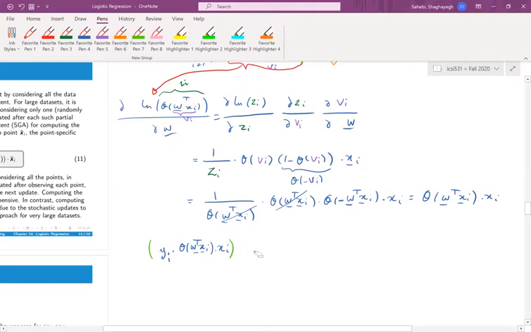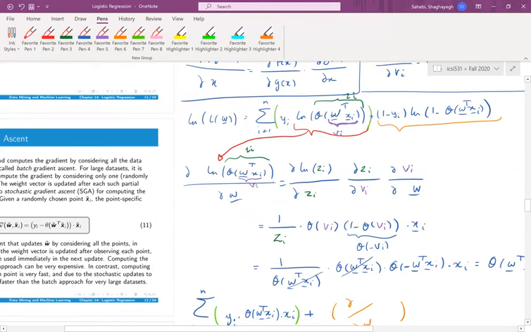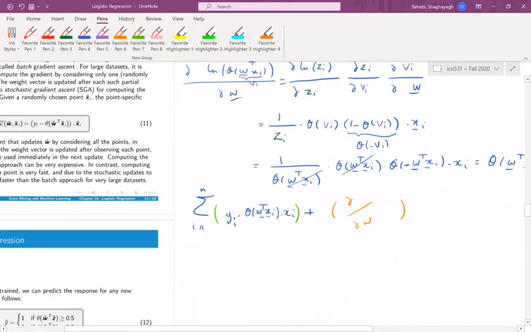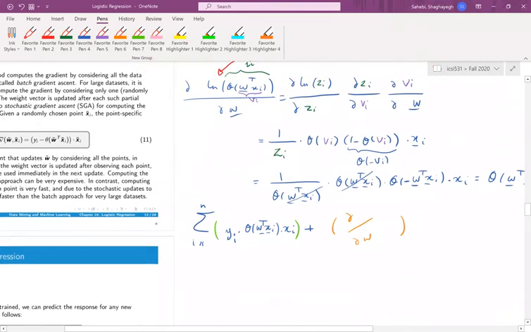So the final derivative that we are going to have is going to be this plus the derivative of the orange part with respect to W, and then summation for i equals 1 to n, right? Because our ln of L, our function, was a summation of i equals 1 to n. So that would give us the derivative of ln of L(W) with respect to W. Okay.